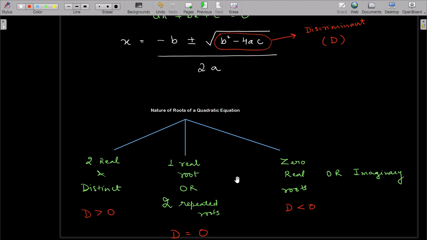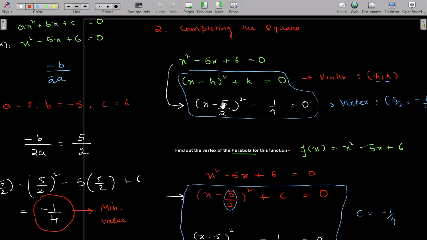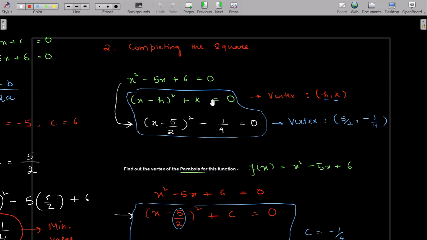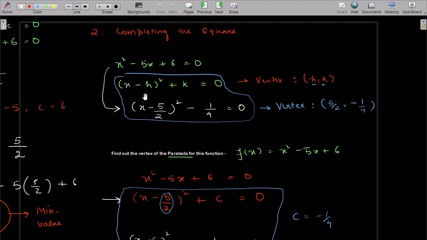Can you quickly calculate the value of D for the equation x square minus 5x plus 6 equal to 0, Anishka? So find out the discriminant.